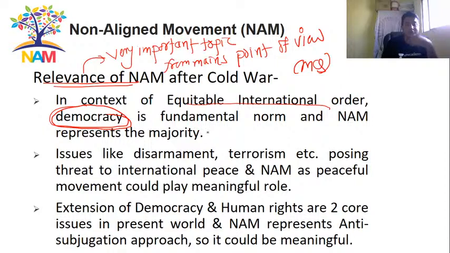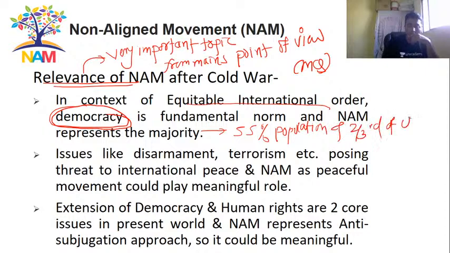And NAM represents the majority, as I mentioned, 55% of the world's population and two-thirds of UN members.